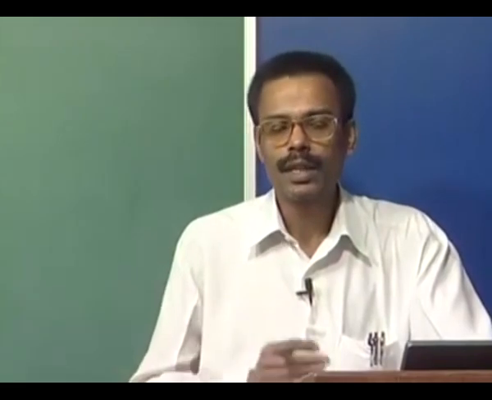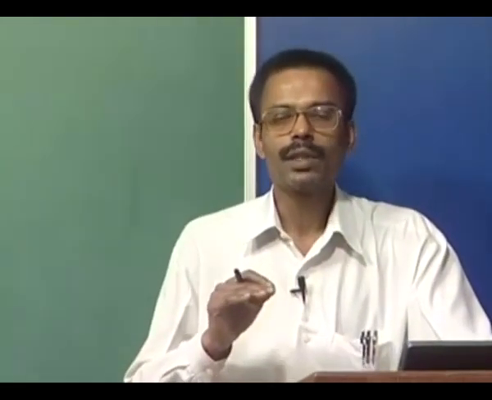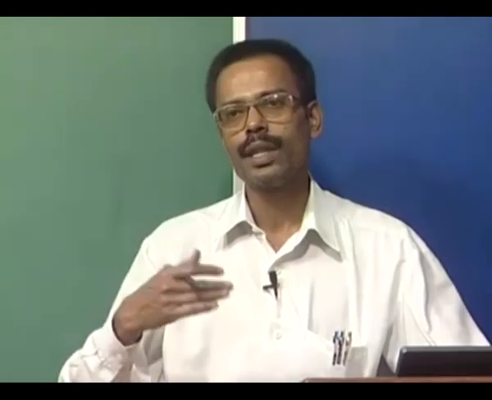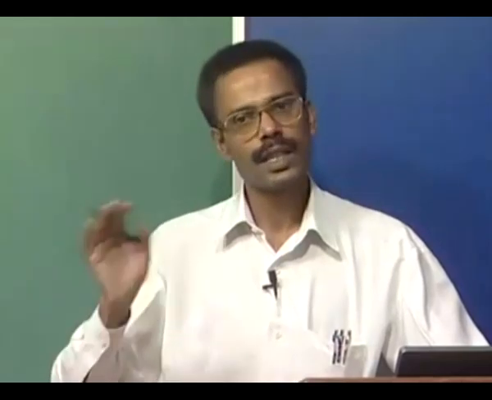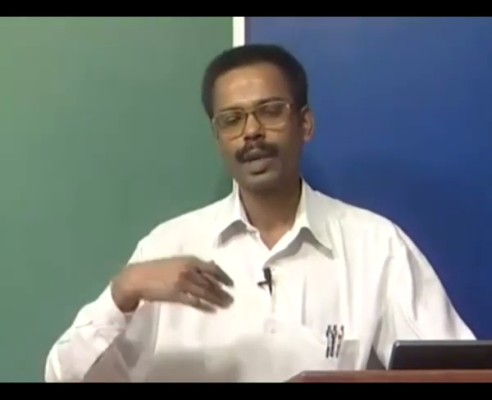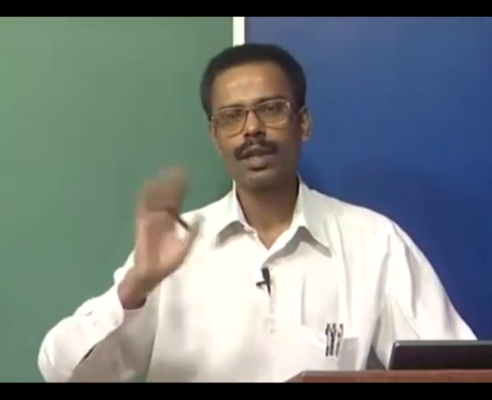So that is why we say that the underlying field and the dimension together completely specify the vector space for all practical purposes. And when we say for all practical purposes, that is another way of saying up to an isomorphism. Other than that, whatever difference is there, that is basically only in the details. From one of the vector spaces, you can always go to the other vector space and come back through that isomorphism, 1-to-1 correspondence.